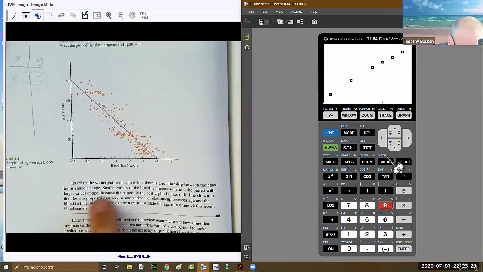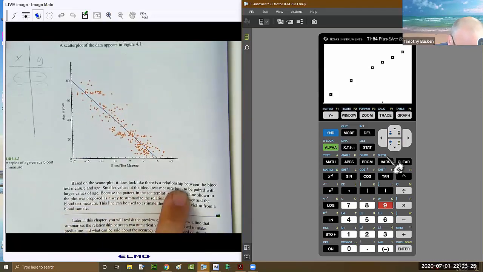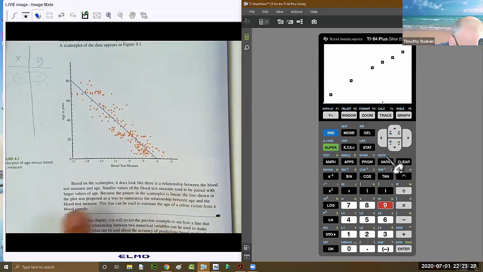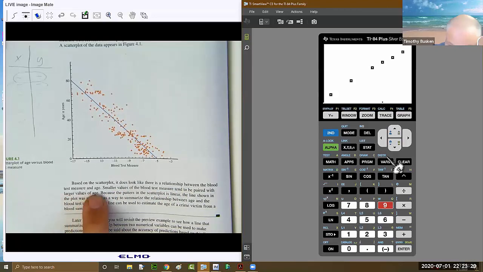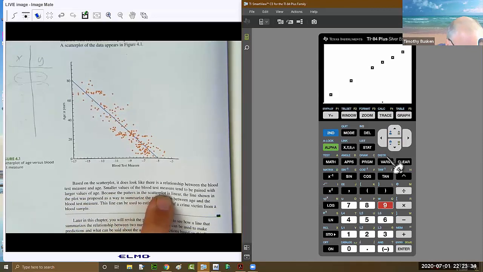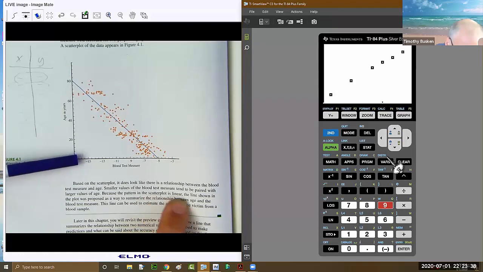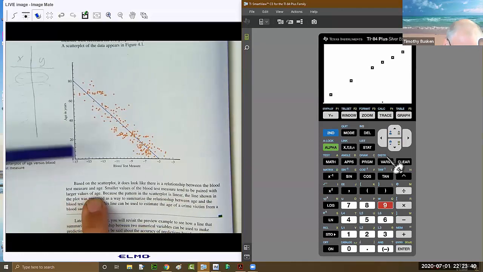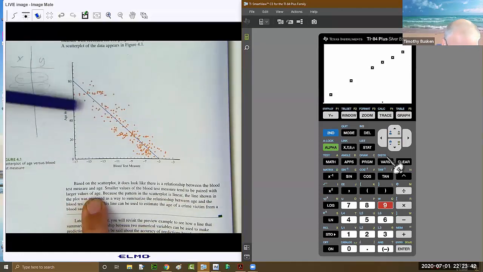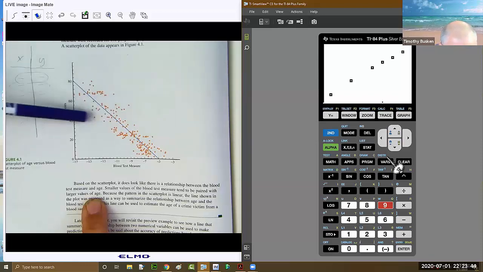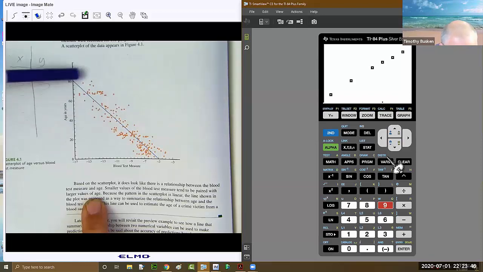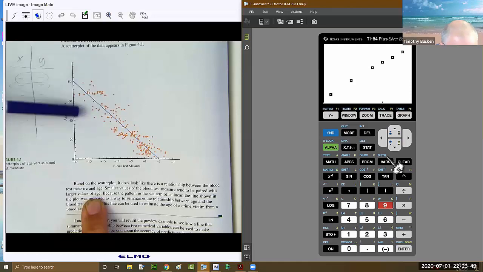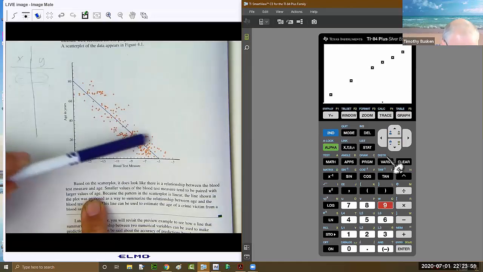Based on the scatter plot, it does look like there is a relationship between the blood test measure and age. Smaller values of the blood test measure, which are over here, tend to be paired with larger values of age, right? If you look at all of these dots up here, they have a lower blood test measure than the dots, say down here.